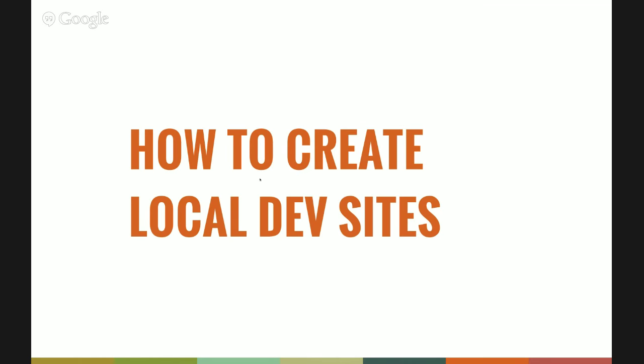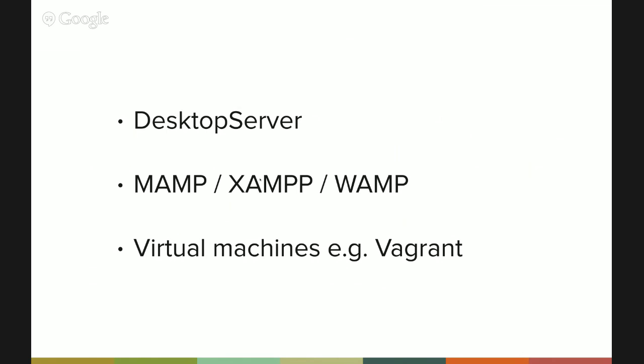Talking about spinning up local sites, it's getting really easy as well. Desktop Server is a leader in the market and offers a simple interface to create WordPress sites on your desktop or laptop. You launch the Desktop Server app, you click Create New Site, and then you can visit mysite.dev in your web browser. I personally have been using MAMP for years now. MAMP is not WordPress specific, so I also need to install WordPress after creating a server with MAMP.